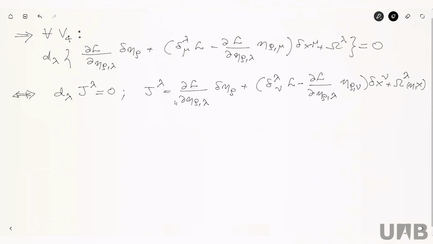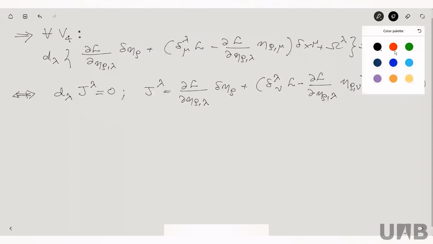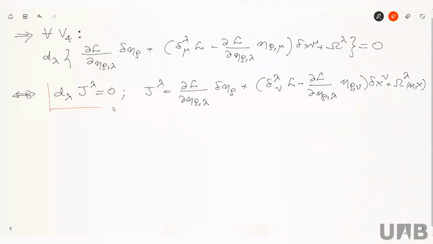Okay, so let me check that I'm not screwing up any index here. So lambda is lambda, rho is rho, lambda nu is contracted, lambda is the same as that lambda, yes, and yes. Okay, so this, ladies and gentlemen, is Noether's theorem.